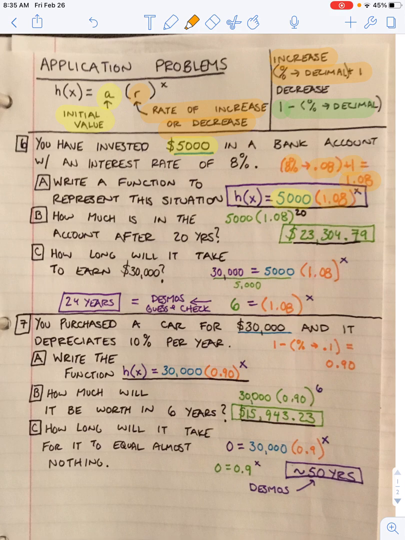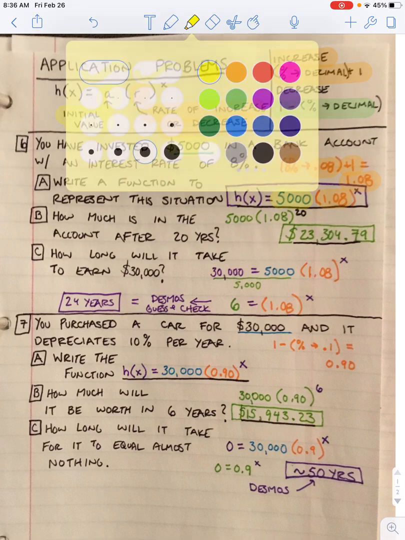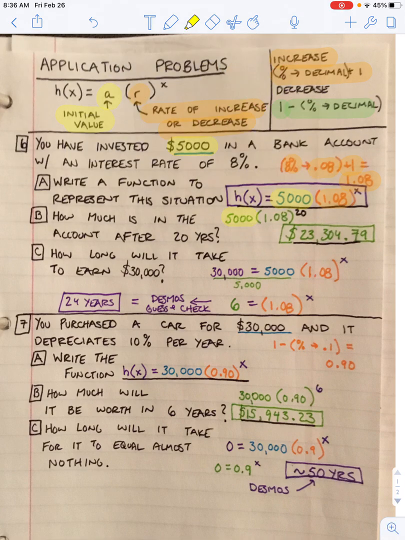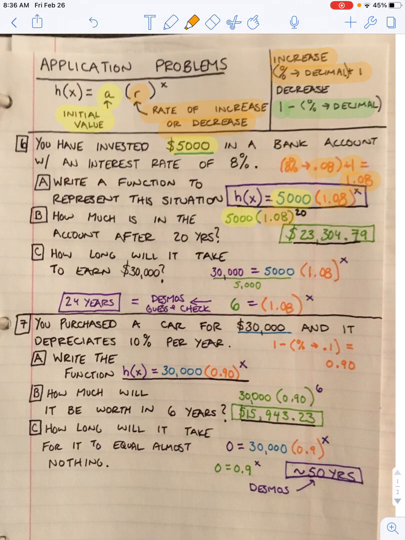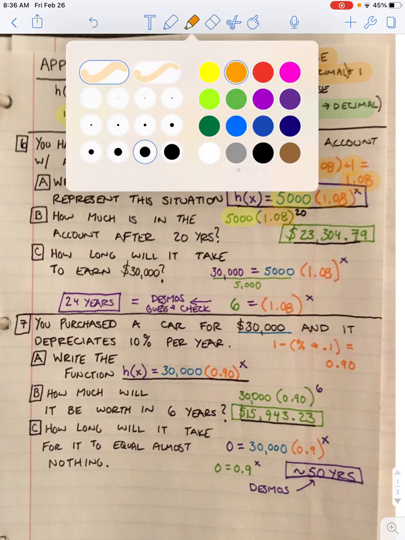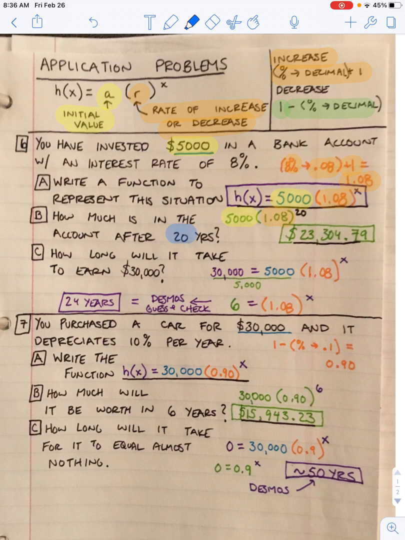There are more complicated types of problems with investments, whether it's compounded annually or monthly, but we're just doing simple ones right here. So all we do is we take that $5,000 that we had, times our rate of 1.08, and we raise it to the 20, because we're dealing with 20 years.